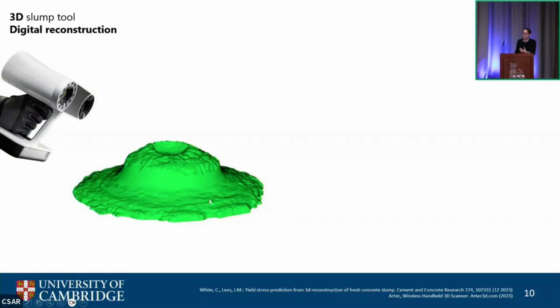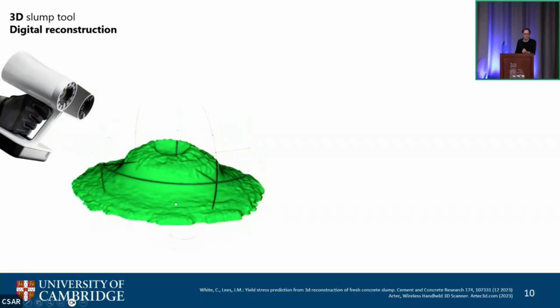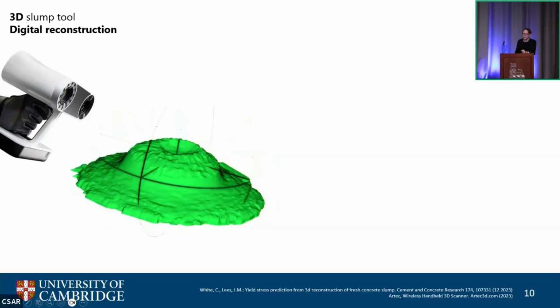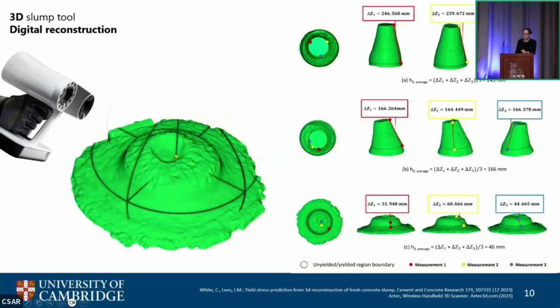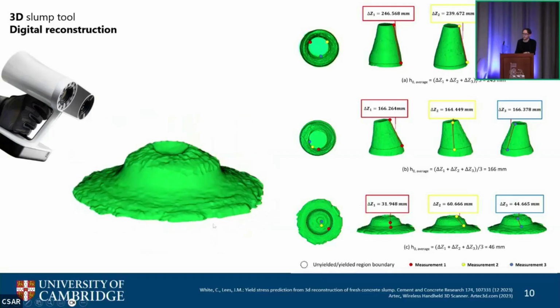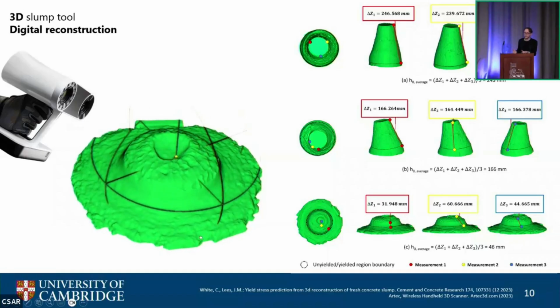So you see here, this is not a video of an actual slump test. This is a 3D reconstruction that's been computer generated. And what this allows me to do is to take measurements of any property that I want on the face of the concrete. So as I was mentioning, it's the H naught property, the unyielded height that I'm interested in.